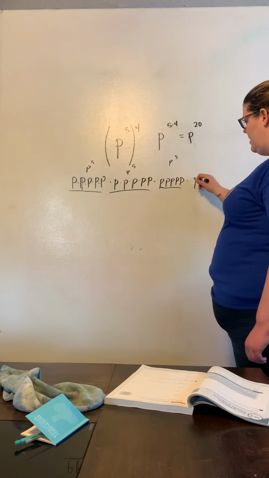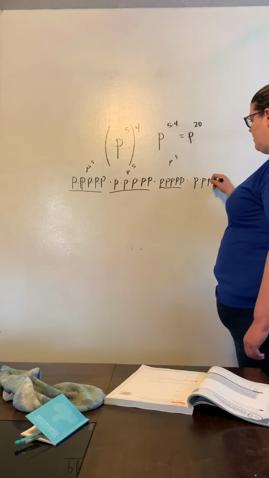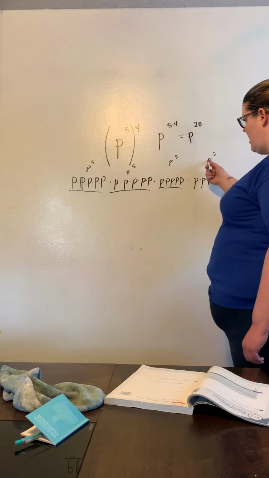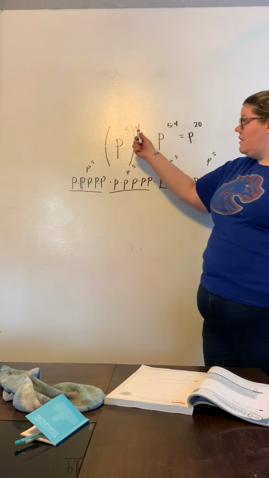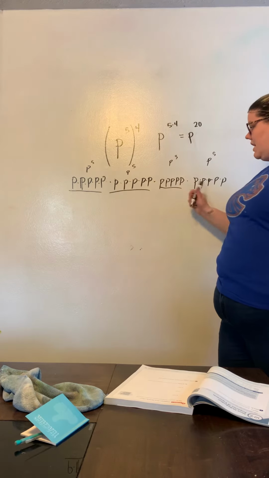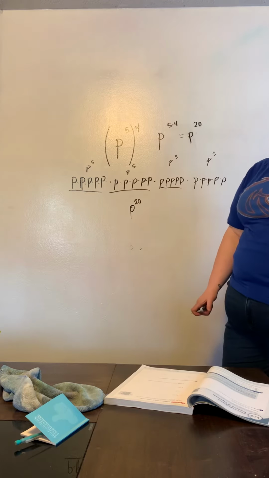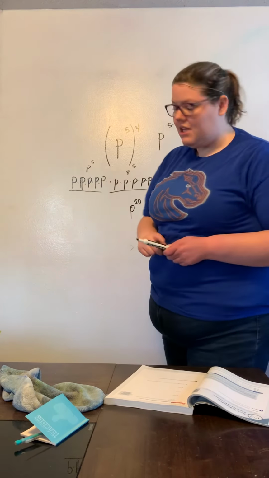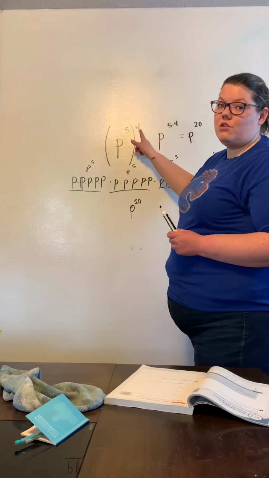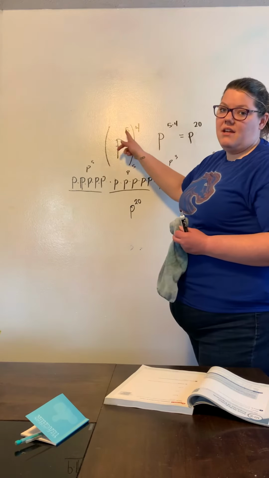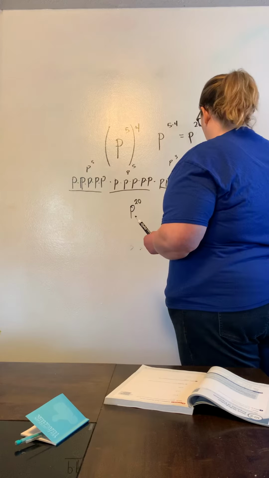And our last one. 1, 2, 3, 4, 5. So I have 4 p to the 5th, and that gives us, if we count those out, p to the 20th. So you're taking your exponent on the inside and you're multiplying it by the exponent on the outside. We're saying we have 4 sets of 5 p's.